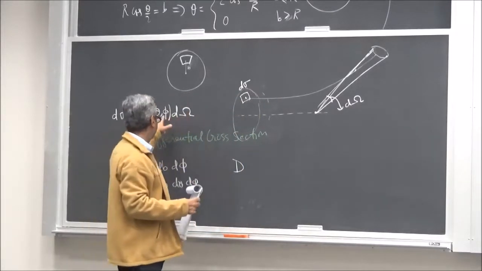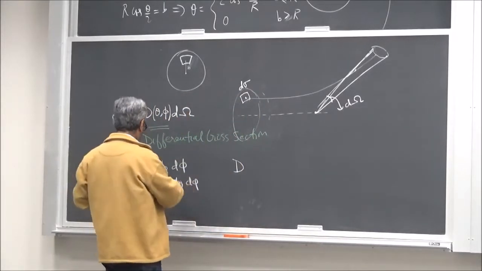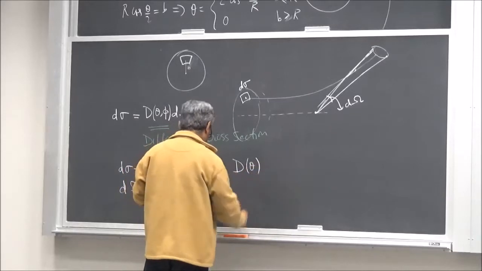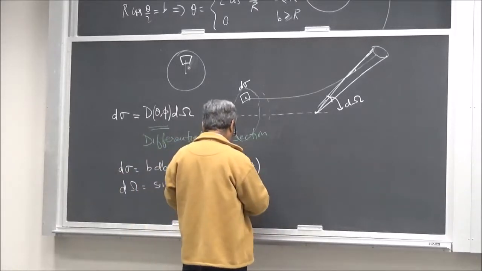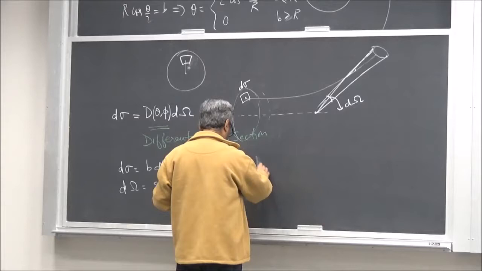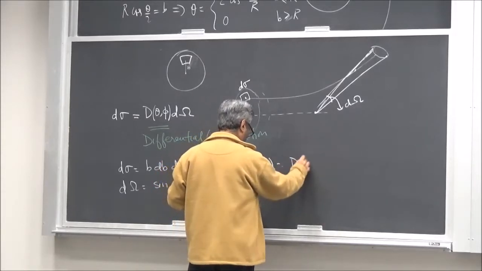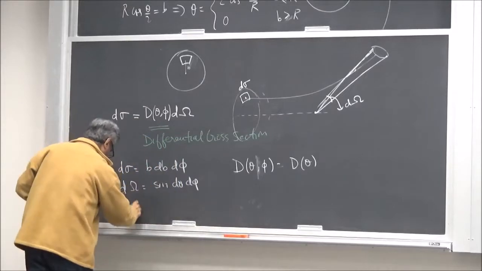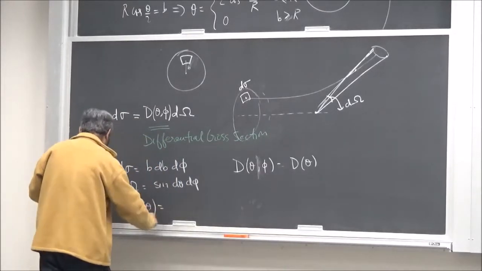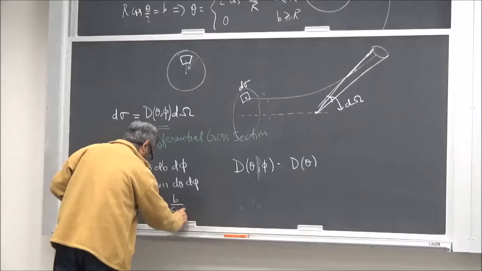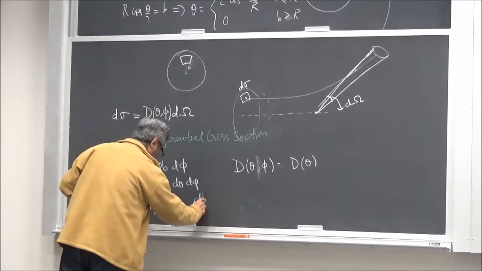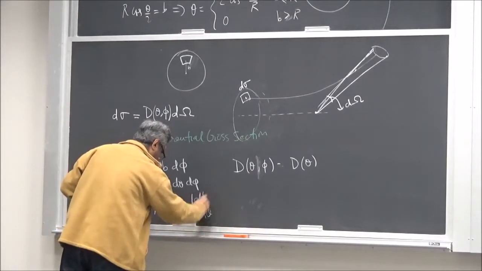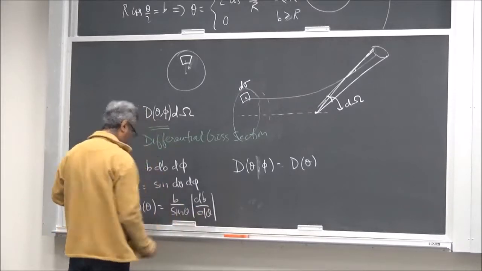So it's not going to depend on phi. So D of theta phi in that case is going to be equal to D of theta. And if you assume this, then D of theta is b over sine theta, mod of dB over d theta.